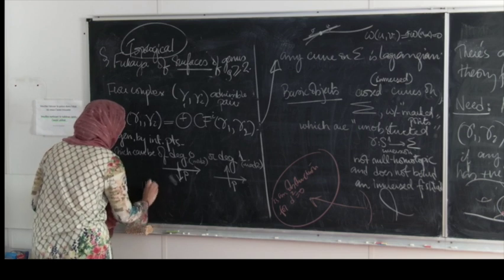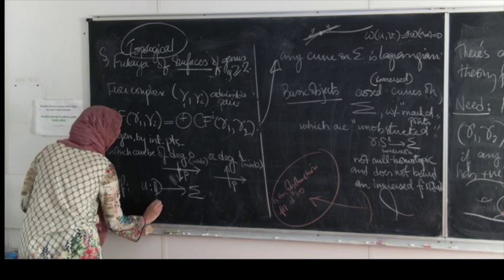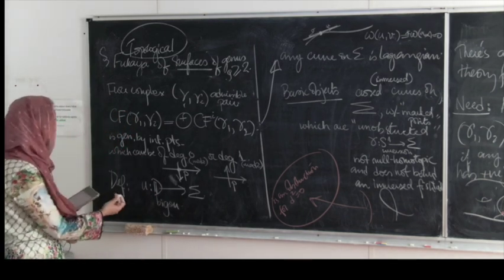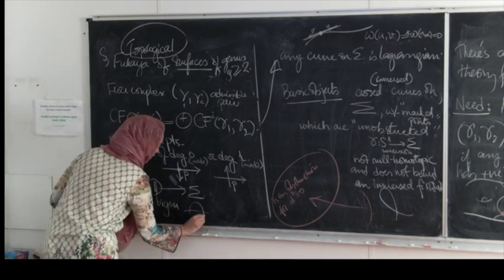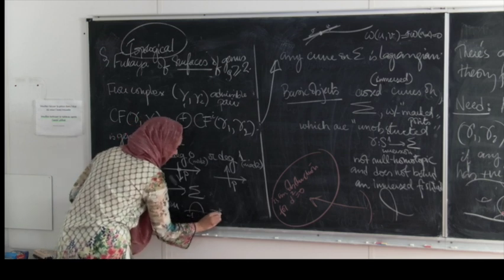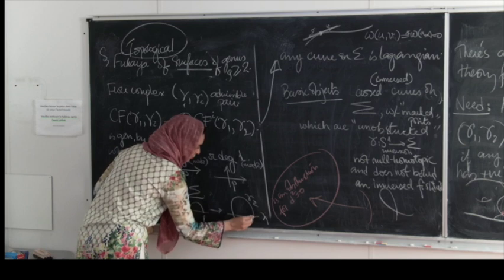And now we define bigons. So u from D to Sigma, which is a bigon in the usual way. So you have this half disk being mapped to gamma 1, gamma 2.